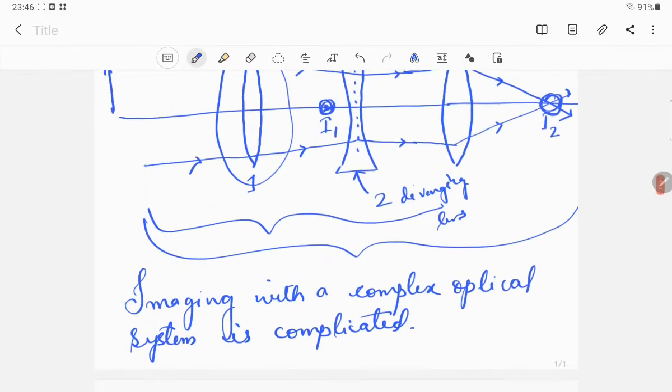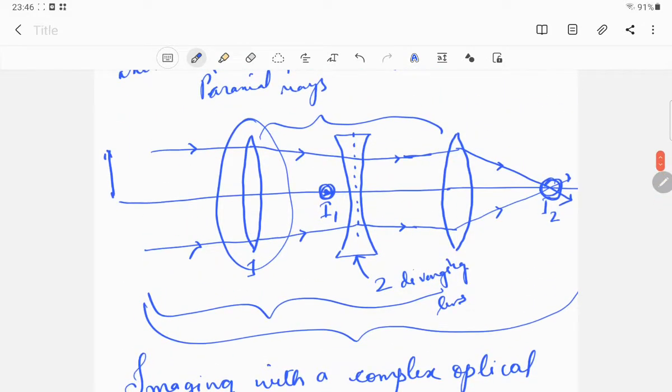What happens, you see, initially with this lens only, the image we obtained was here only.